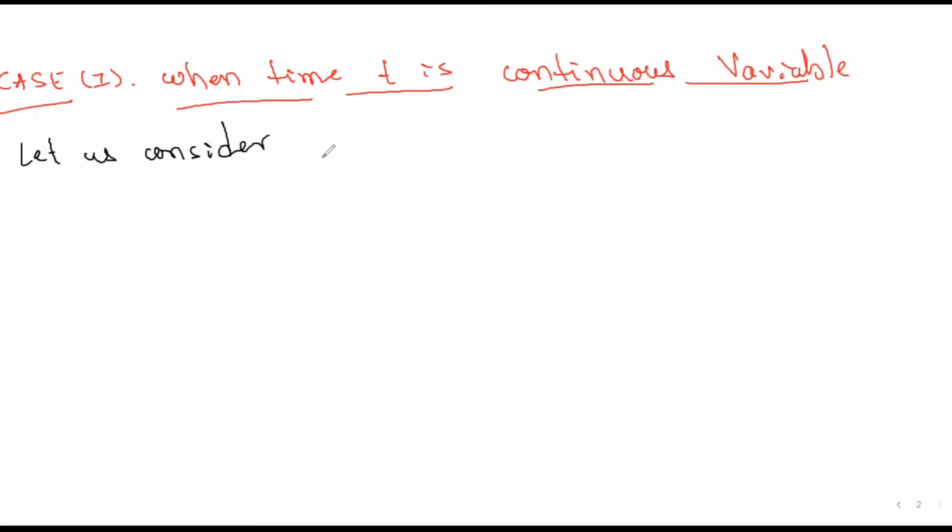For this, let us consider some notations. Capital C means the capital cost of the equipment or item.